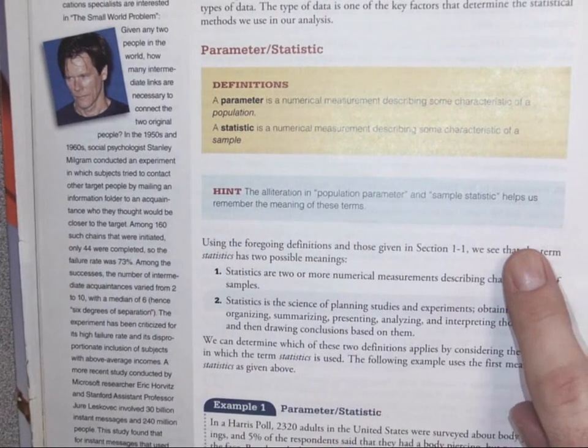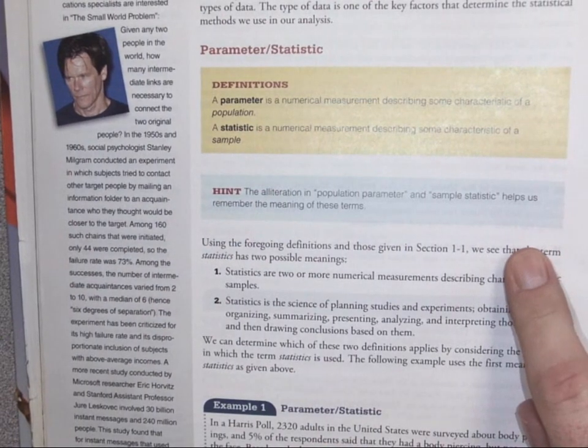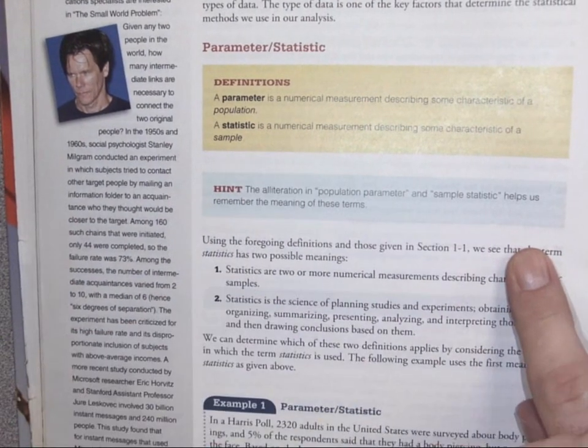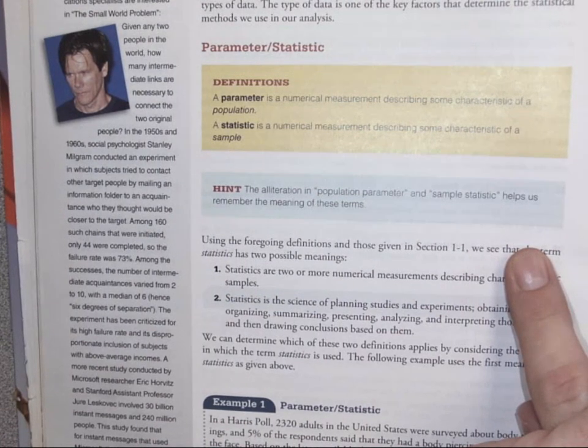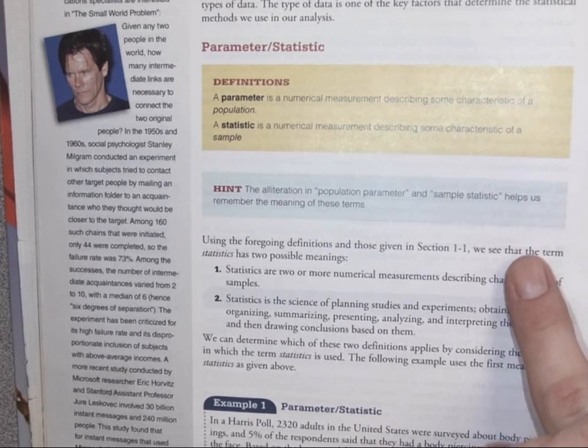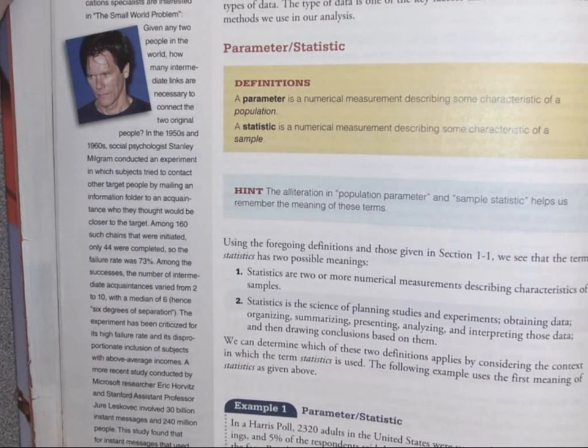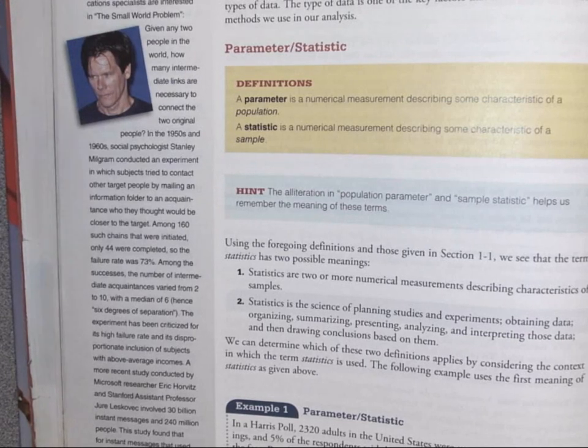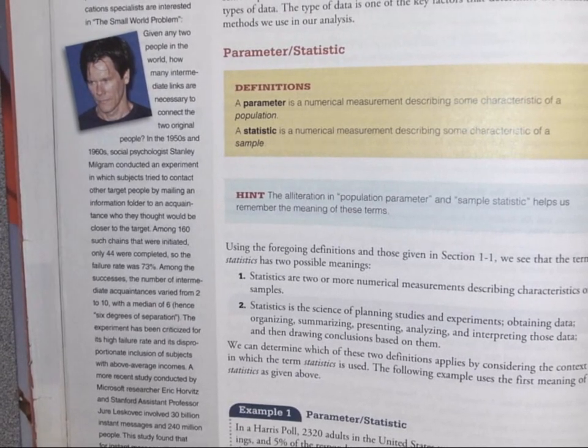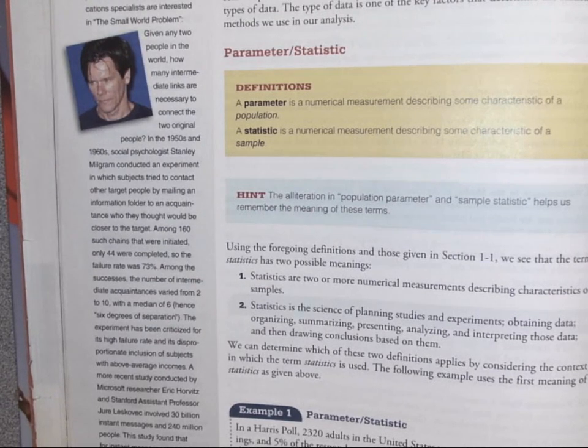A parameter is a numerical measurement describing a characteristic of the population, and a statistic is a numerical measurement describing some characteristic of a sample. What we usually do in statistics, because taking the entire population is very difficult, and many times the population can be very large, is take a sample, and from that sample we can make some measurements.